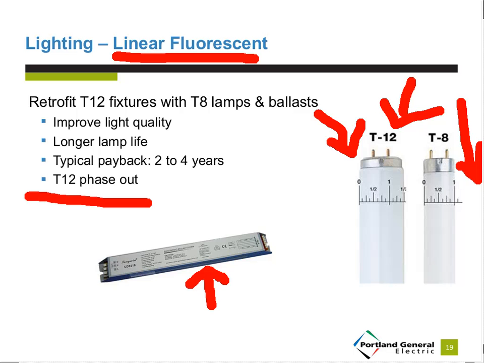So I mentioned the ballast here, and this is basically the guts of the light. Now, the T12 uses a magnetic ballast, and the T8 uses a more efficient, more modern electronic ballast. To change these out, it's not like just unscrewing a bulb.